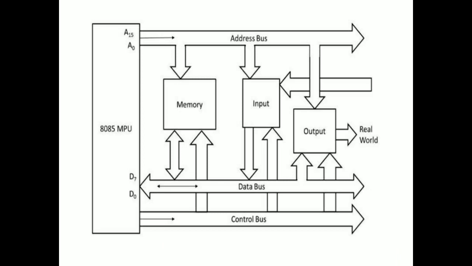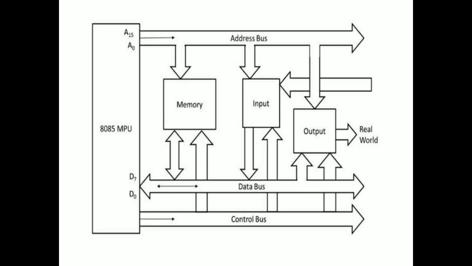So I'm discussing a few control signals. The microprocessor uses IO/M bar signal to indicate whether it will communicate with an input-output device or memory. If IO/M bar signal is high, CPU wants to communicate with an input-output device. If IO/M bar signal is low, the CPU wants to communicate with the memory.